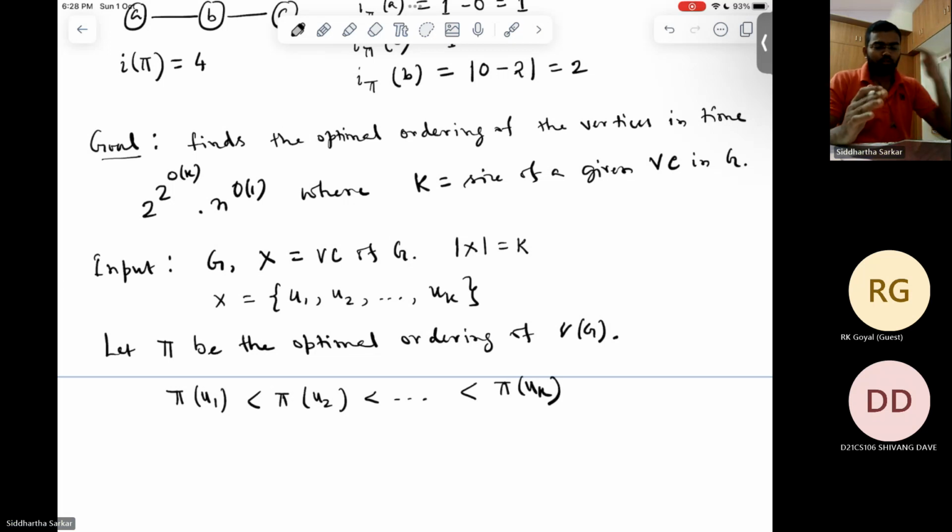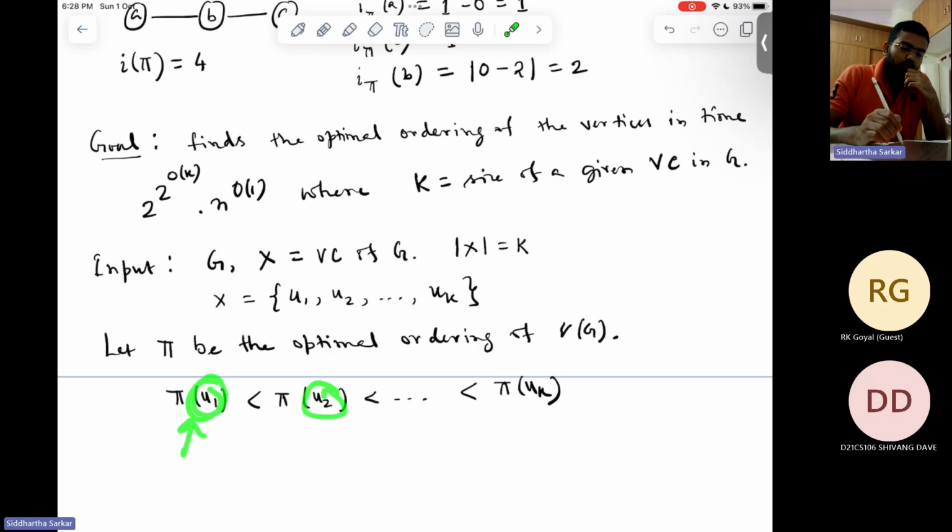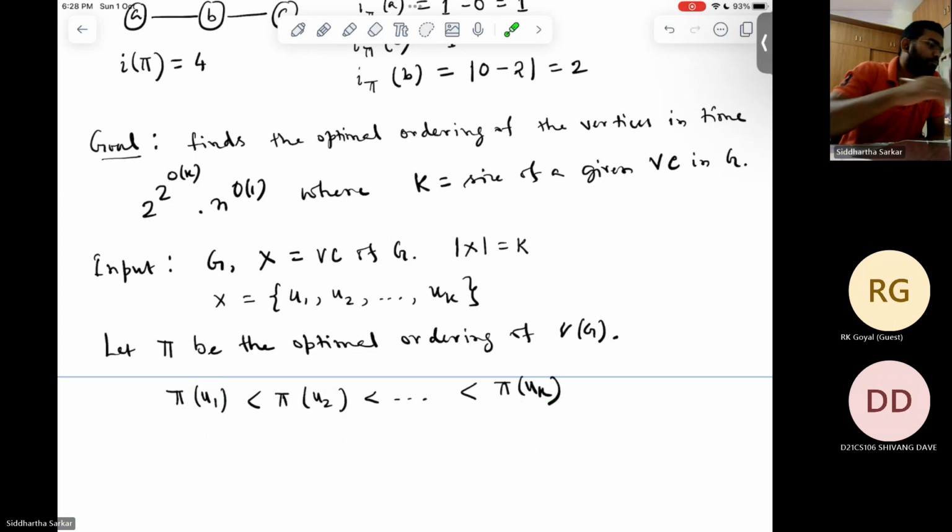In that optimal ordering, the vertex U1 has received the smallest label, U2 has received the next smallest label, like that, and UK has received the largest label.